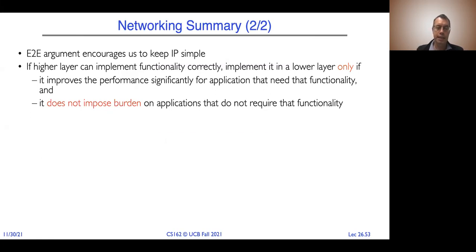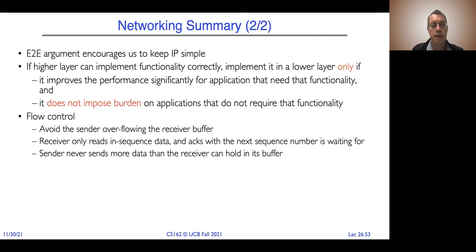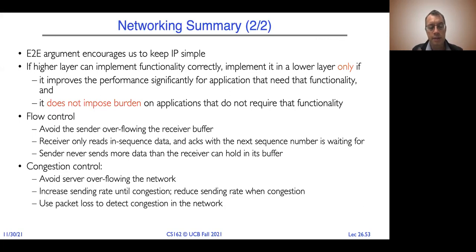The end-to-end argument says that if higher layers can implement functionality correctly, you should implement the functionality at a lower layer only if it improves the performance significantly for applications that need that functionality, and it does not impose a burden on applications that do not require this functionality. And we discussed flow control, whose goal is to not overflow the receiver buffer, and congestion control, whose main goal is to not overflow the network.